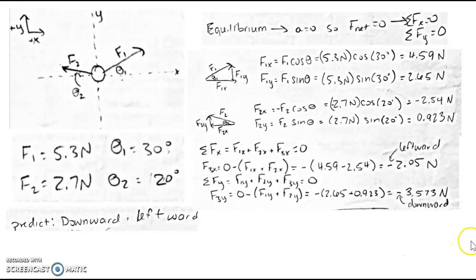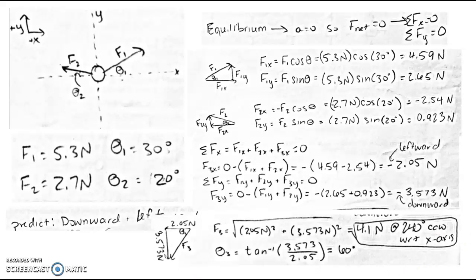Now you might be thinking, all right, we're done, but we're not. We just computed the components of this mysterious third force. We need to compute its magnitude and direction. So to do that, I set up a trig triangle.